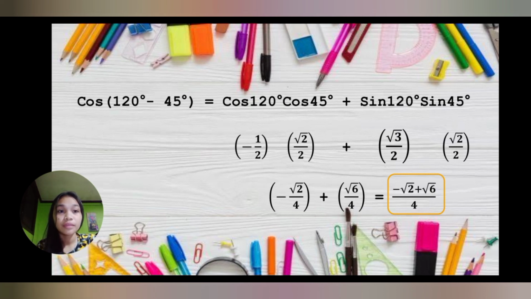So let's multiply. Negative 1 multiplied by square root of 2 is negative square root of 2, and 2 times 2 is 4, plus square root of 3 times square root of 2 is square root of 6, and 2 times 2 is 4. So we get the answer of negative square root of 2 plus square root of 6 over 4.